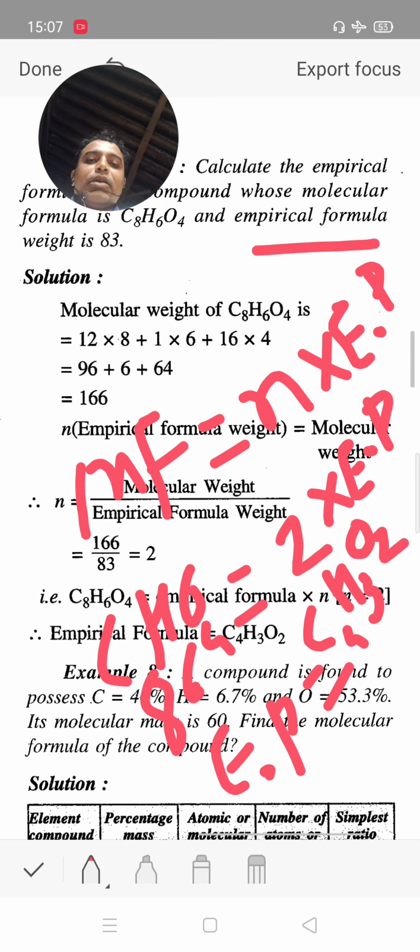The empirical formula weight is already given as 83, and the molecular weight is 166, so 166 upon 83 gives n equal to 2. Then the next formula: molecular formula is equal to n into empirical formula. Put n equal to 2 and the formula C8H6O4 upon 2. Then the empirical formula is C4H3O2.